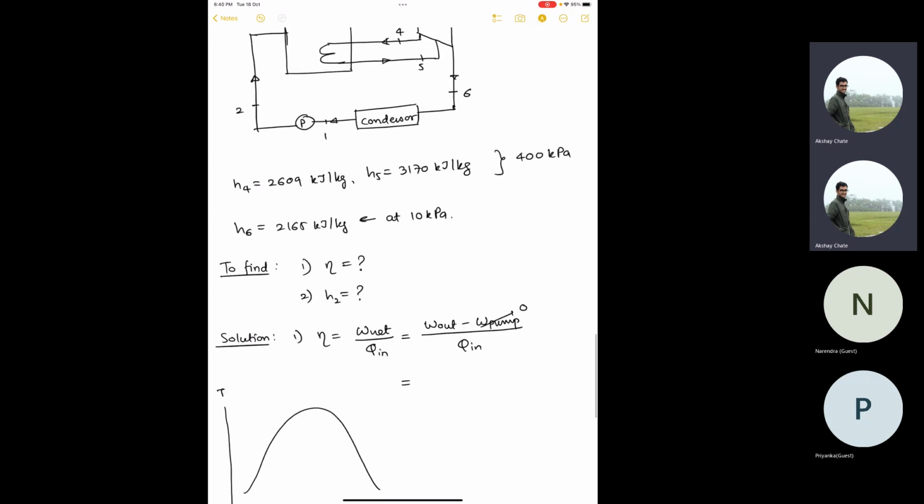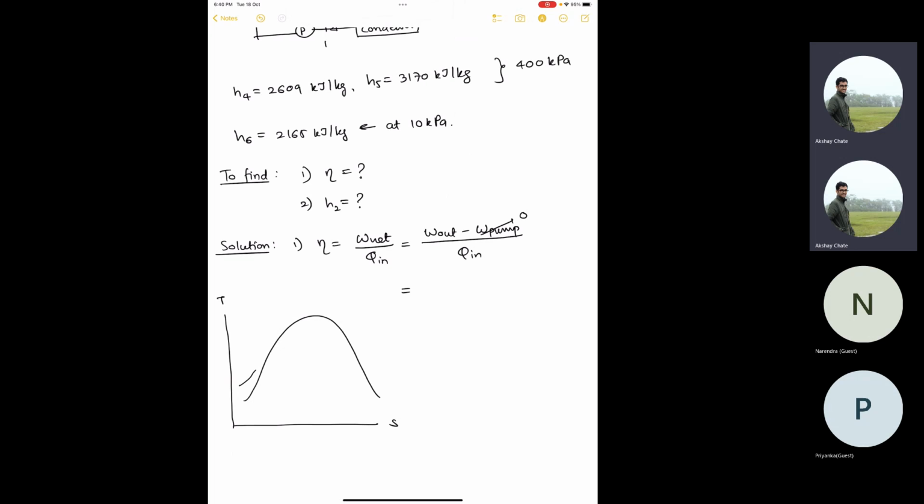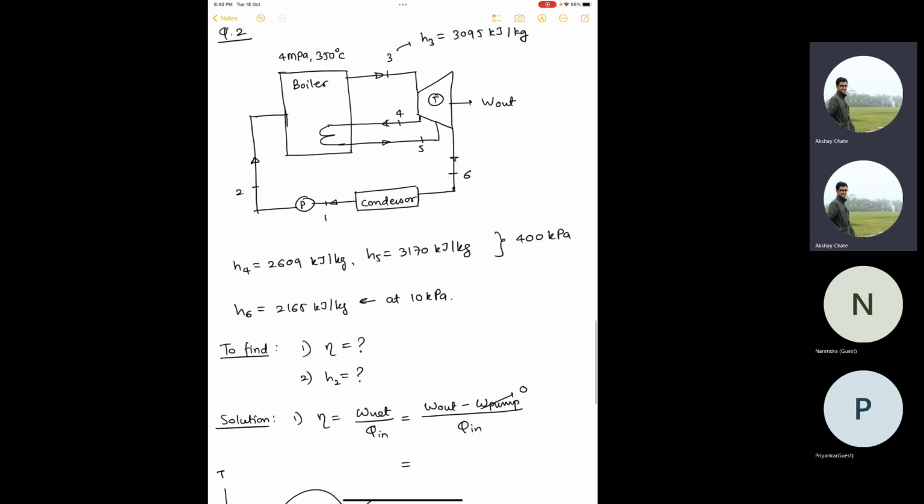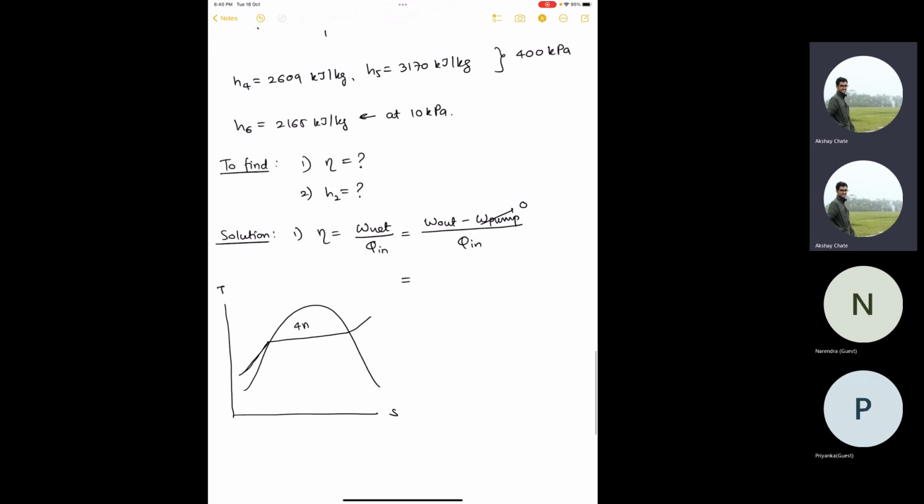So what is happening is, for this 1 to 2 process, there is this constant pressure line. Something like this. This is your 4 megapascal line. And please ignore my bad drawing skill, but these lines should be horizontal. This is your constant pressure line. This is what your boiler is at.